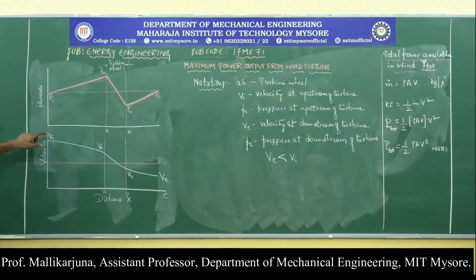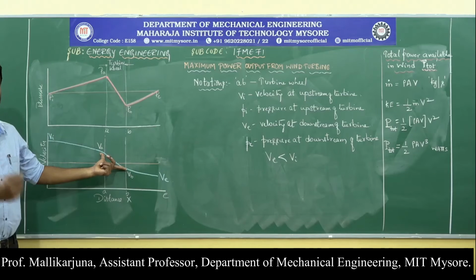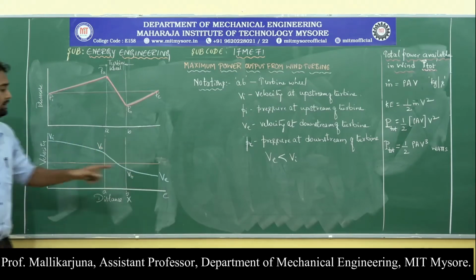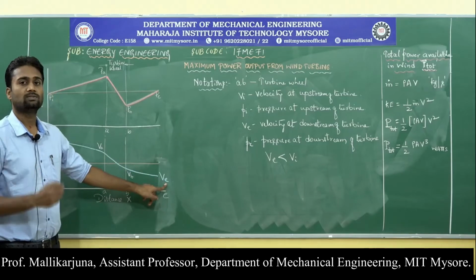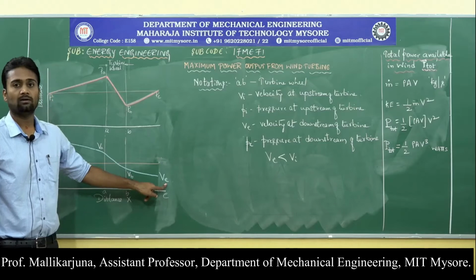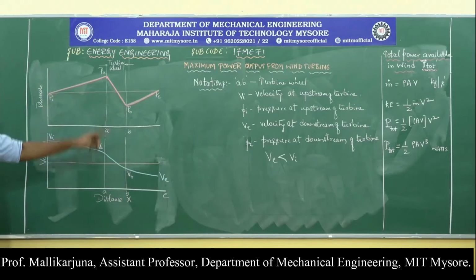In a similar fashion, Vi is the velocity at the upstream of the windmill, Va and Vb are the variation in the velocity when the wind strikes the blades of the turbine, and Ve is the velocity at the exit of the windmill or turbine wheel. So, these are the notations with respect to the curve.